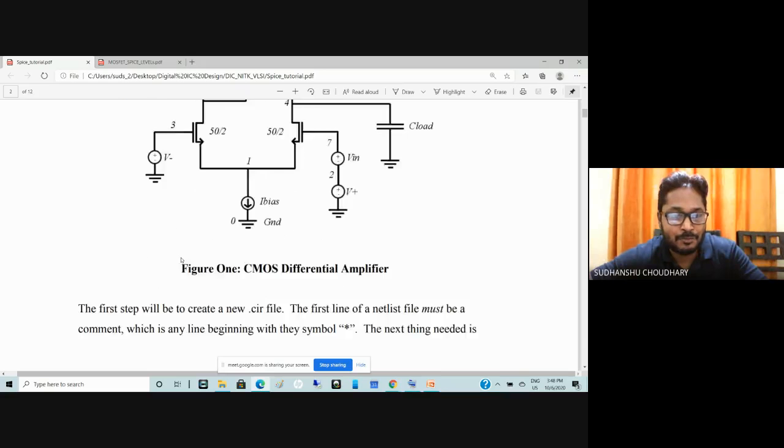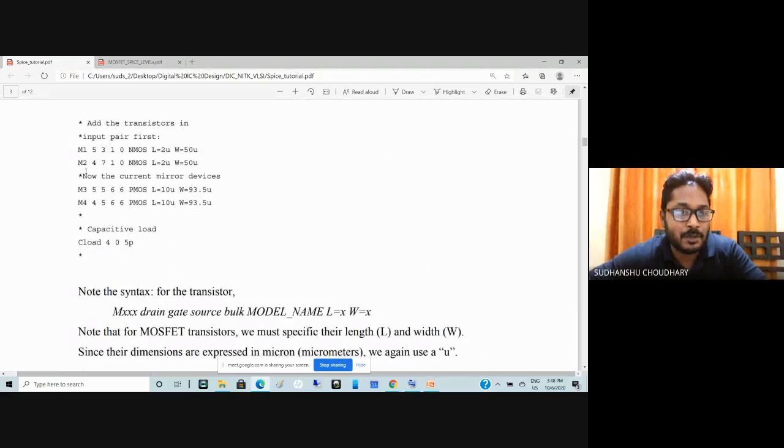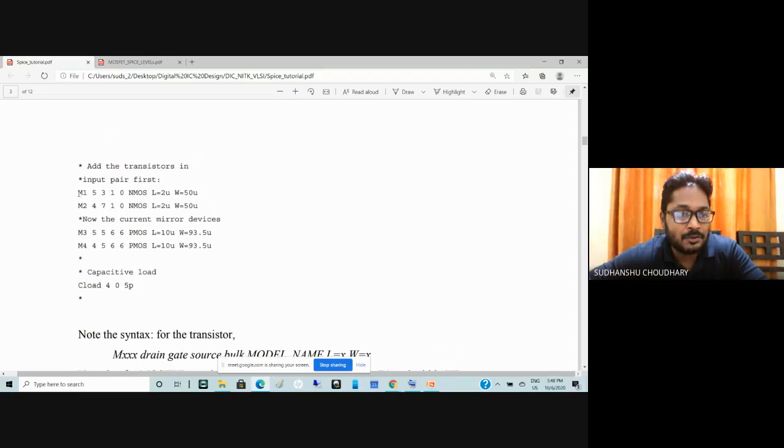Whenever we write which MOSFET we are using, we have to mention the MOSFET model. If you want to bring in the MOSFET from the library, you bring it using the command M, where capital M stands for MOSFET. This is again a reserved keyword. And 1, 2, 3 can be anything, they can also be A, B, C, D. So M1 is MOSFET number 1, connected between these 4 terminals.